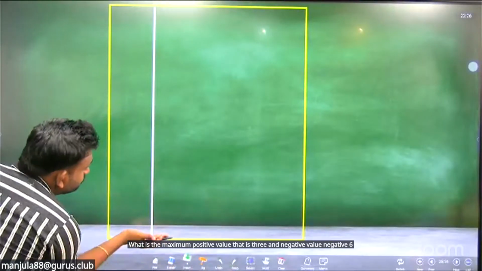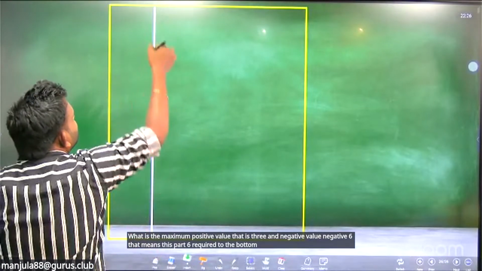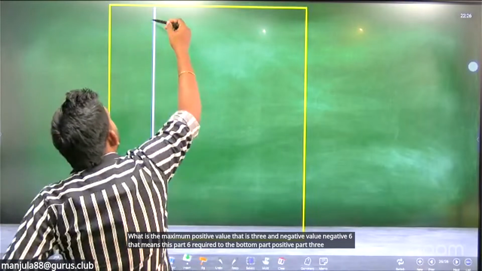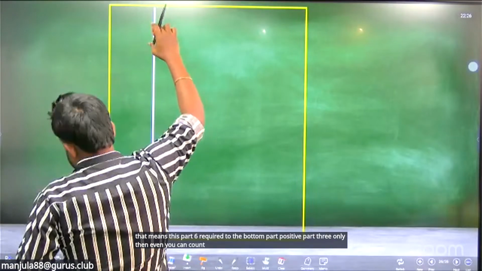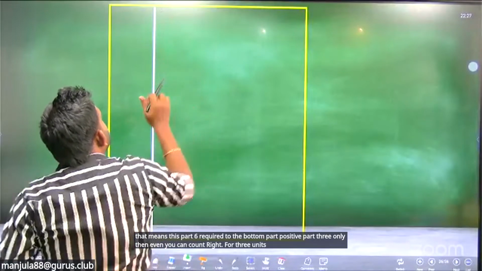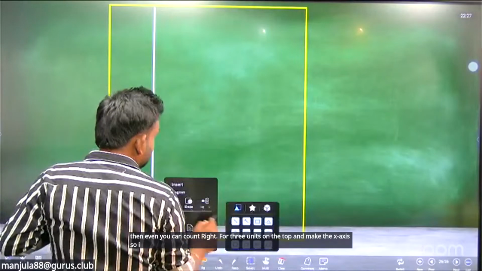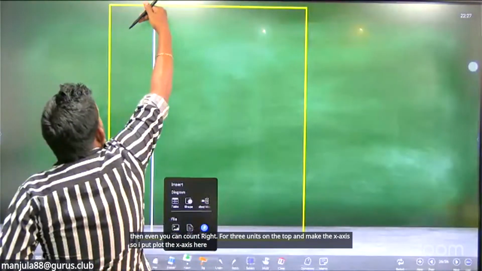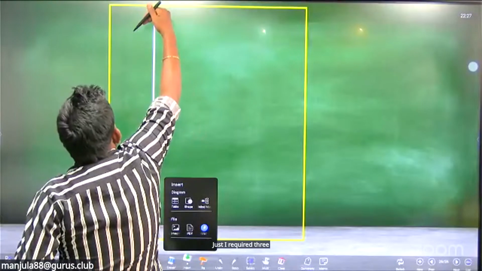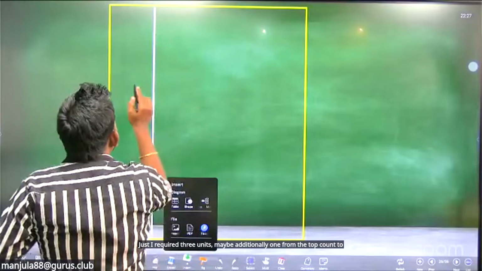That means 6 are required in the bottom part, and the positive part 3 only. Then you can count 3 units on the top and make the x-axis. So I plot the x-axis here. I just require 3 units, maybe additionally 1 from the top. Count 1, 2, 3, 4 is sufficient.